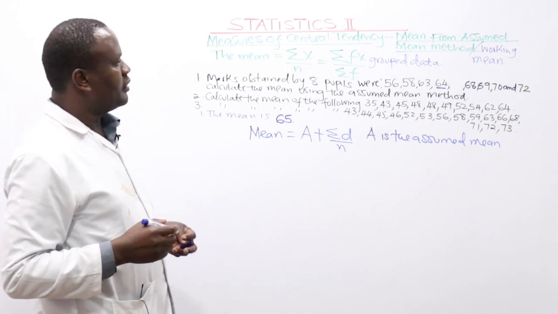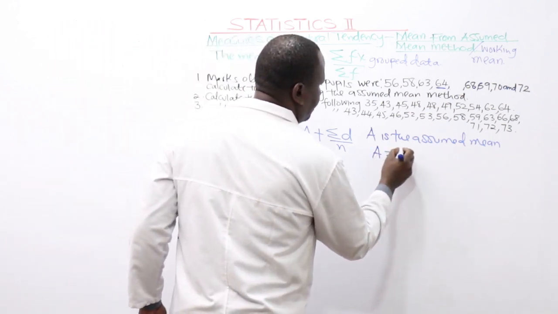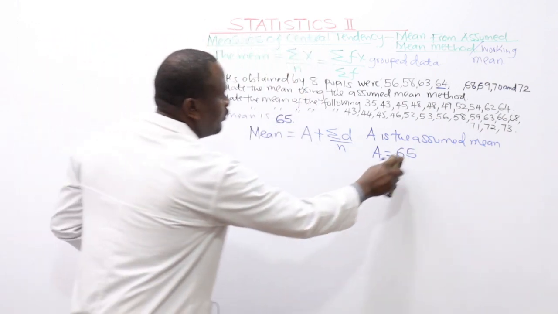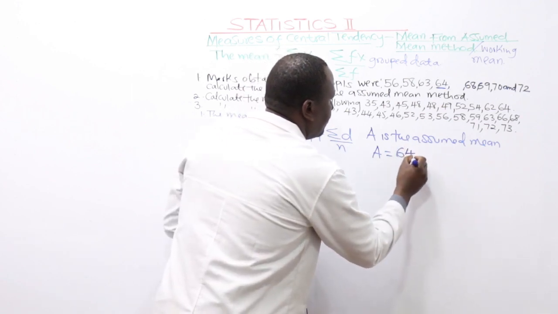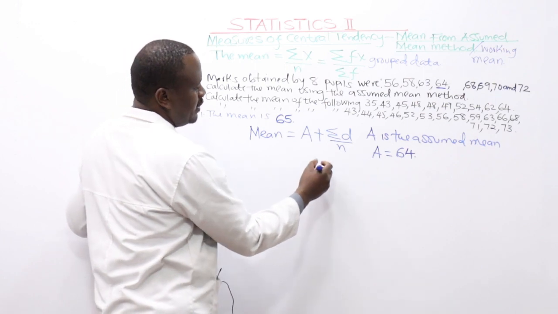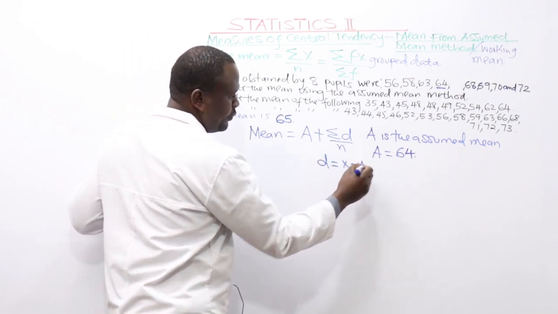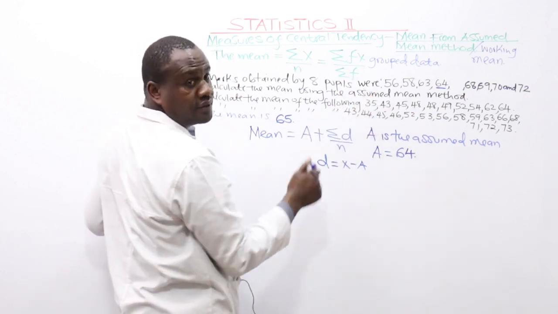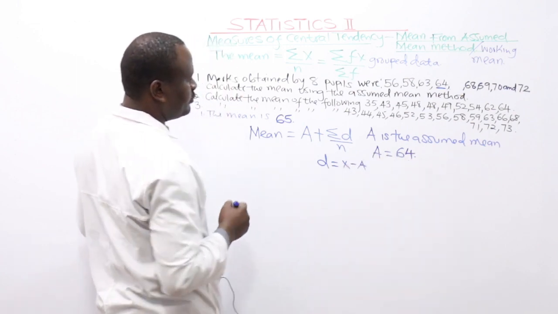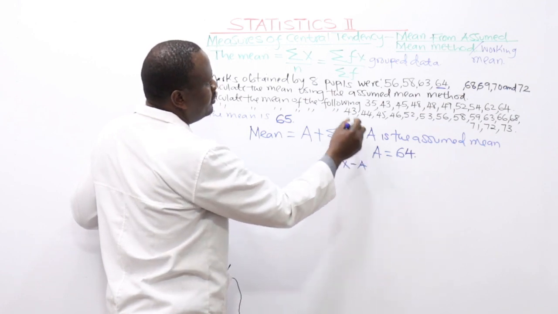So we assume A is 64. So what is summation of D? What is D first? D is X minus A. X are these individual values minus 64. Summation just means getting the total. N is the number of values.